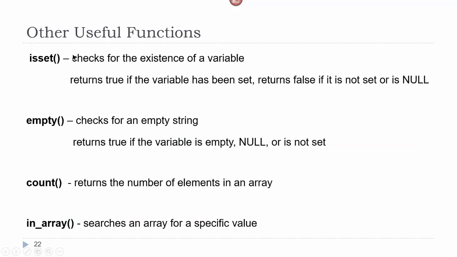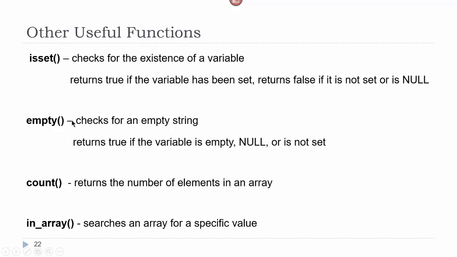Some other useful functions that are in the other videos with respect to working with forms, and we have already looked at, is isset. It applies predominantly to checkboxes and radios, which check for the existence of a variable, meaning if a variable value has been set. Empty checks for an empty string, and it will return true if the variable is empty, null or is not set.